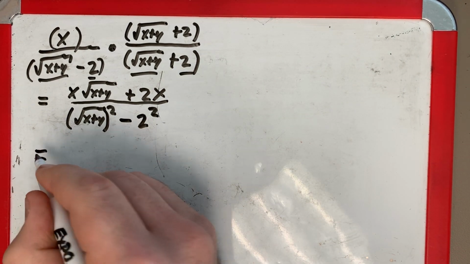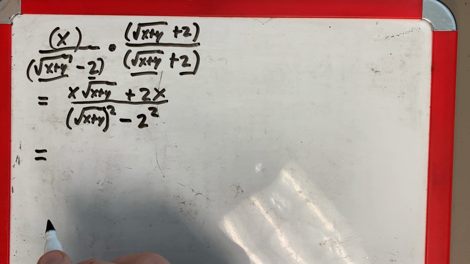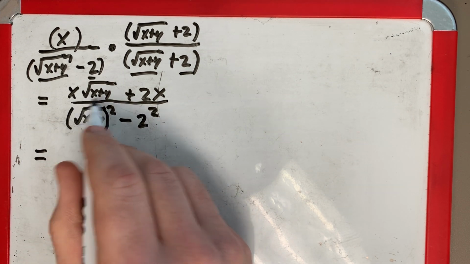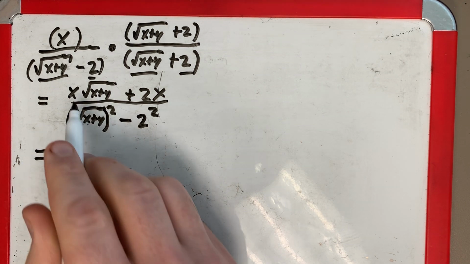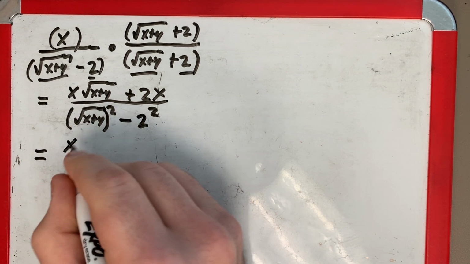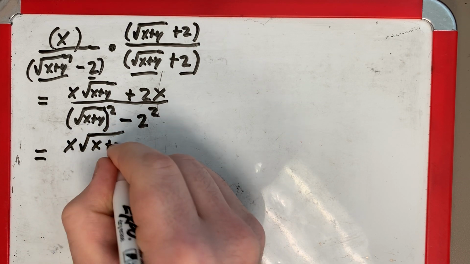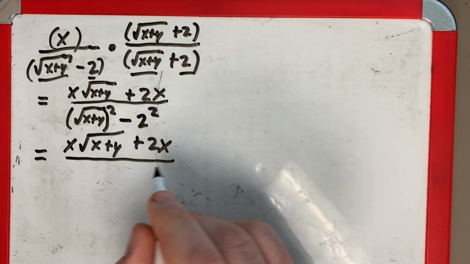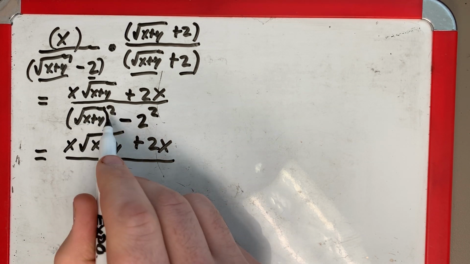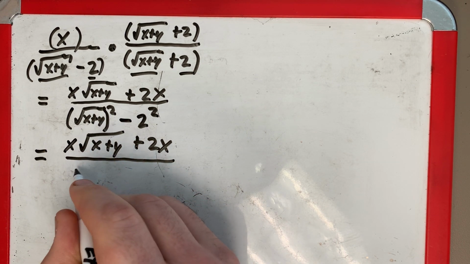Okay, so continuing on, see what this gives me. The top is pretty messy. I probably shouldn't have pushed that x through, but I'll just keep it for the time being. If you want to simplify it later, you can. Nothing wrong with that. And now we have a square root and a square. These cancel.